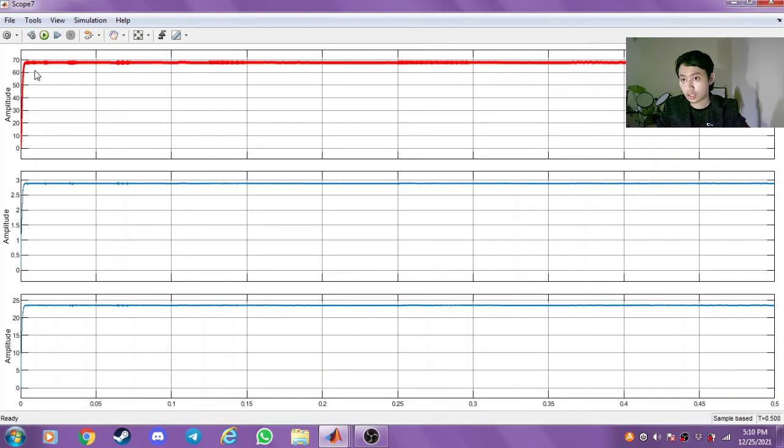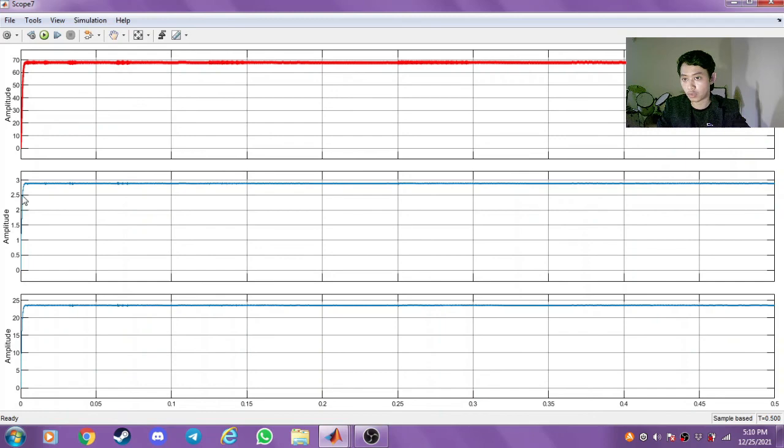Here, our output power is less than 70, which means there are some losses. For our output current, we get 2.8 something, which is lower than the input current, where we get 4.261.